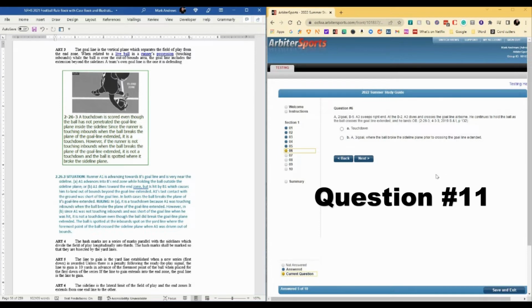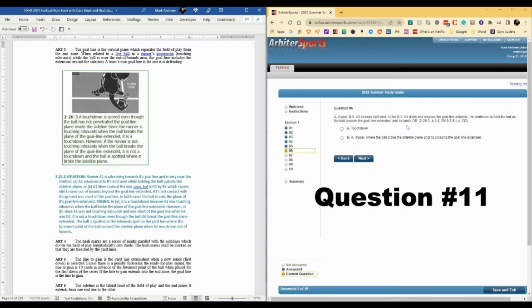So goal line extended applies, you can see a picture of it right here. If the runner is in bounds and crosses the goal line in bounds, the ball can be out of bounds and the goal line is extended to infinity, but basically only the length of his arm, right?